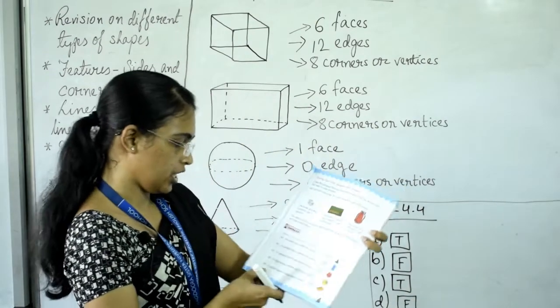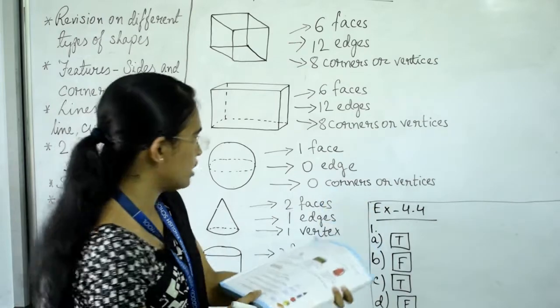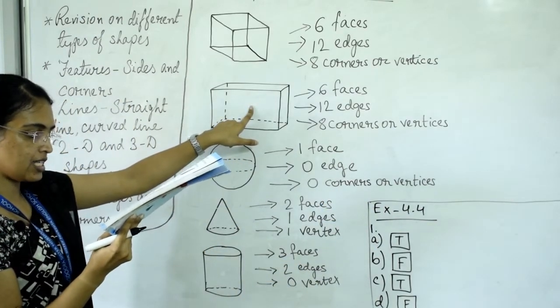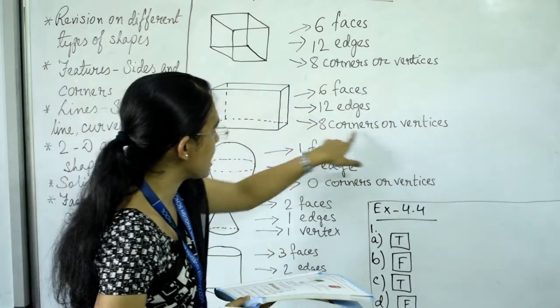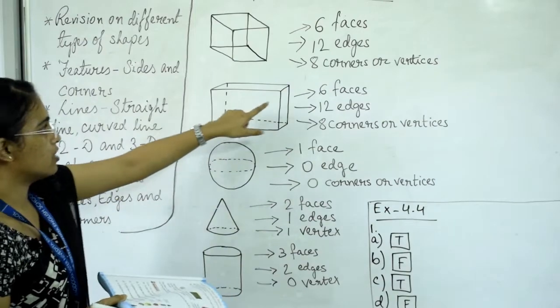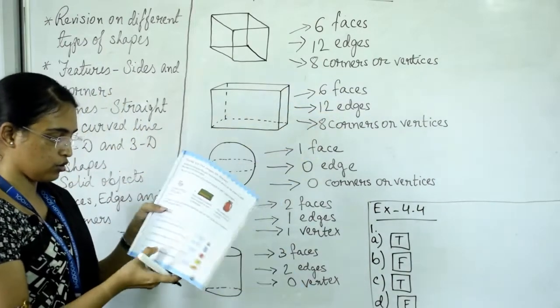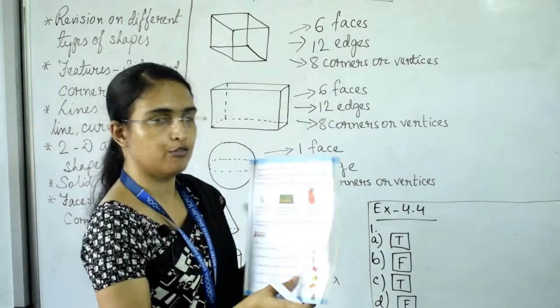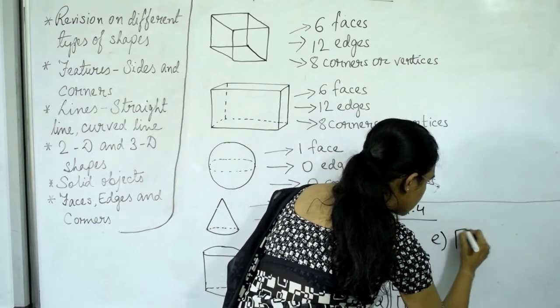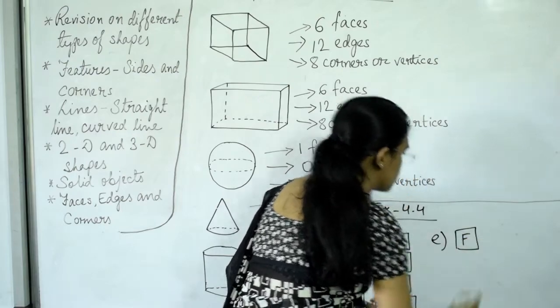Now question number E. A cuboid has 6 vertices and 8 faces. This is cuboid and the question says it has 6 vertices. It has 8 vertices. Cuboid has 8 vertices and 6 faces. That means this question is also false. So right here question number E is false.